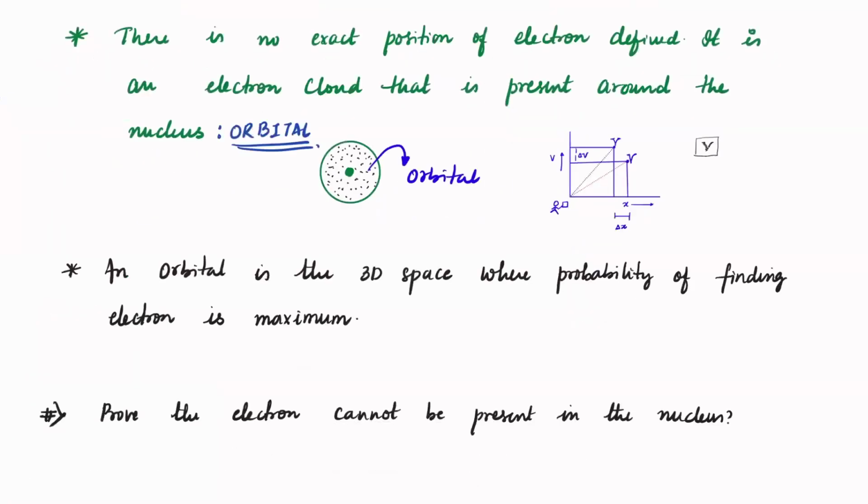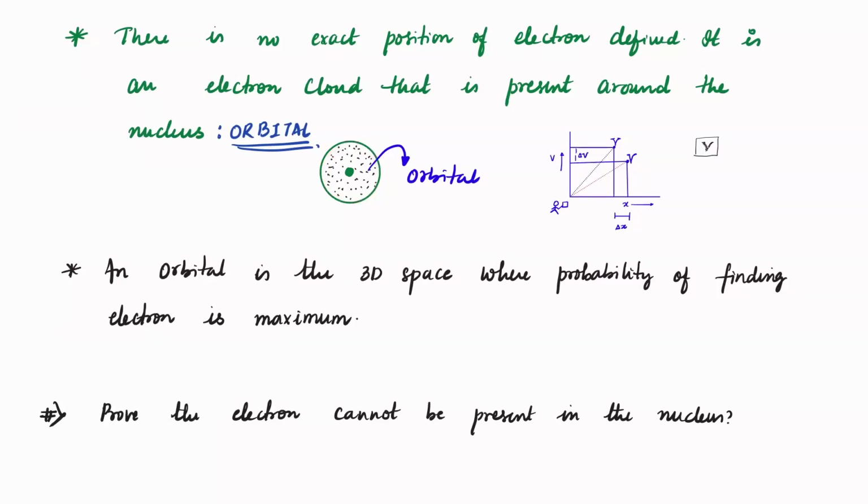So he came up with a concept called orbital. He said, I could only discuss in terms of probability that the electron might be present here or might not be present here. As per Bohr's model, we expect that the electron is present in an orbit, a specific location.